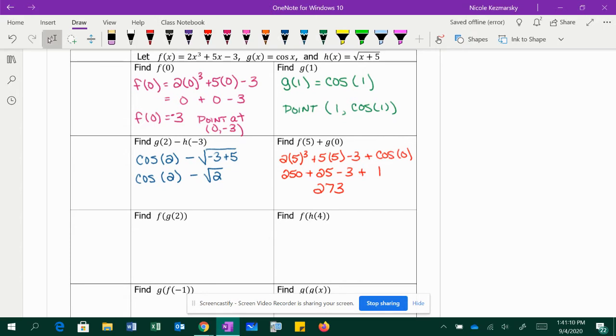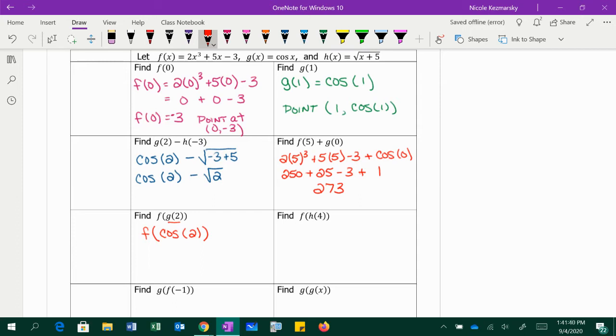All right, next one. It says f of g of 2. So we've got a composite function here. What I'm going to do with this one is start with the middle. I'm going to leave the f alone, and I'm going to figure out what g of 2 is. So g of 2 is cosine of 2. Cosine of 2 can't be evaluated, so the best that I can do now is take cosine of 2 and plug it in for f.